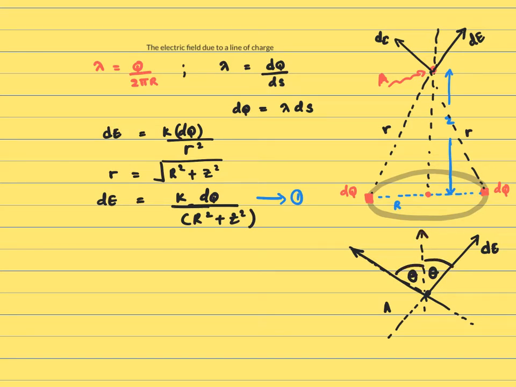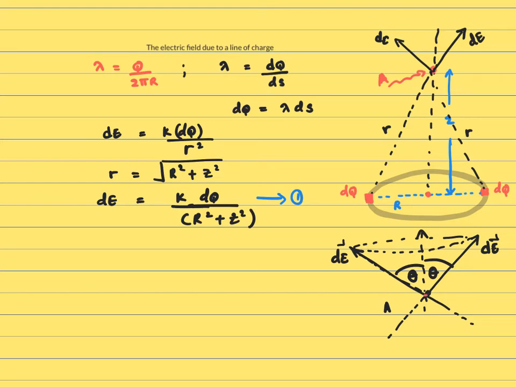Let me call this also dE. There are a number of dE electric fields around this cone, but for our convenience and not to make a huge mess, I am showing just two of those electric fields.